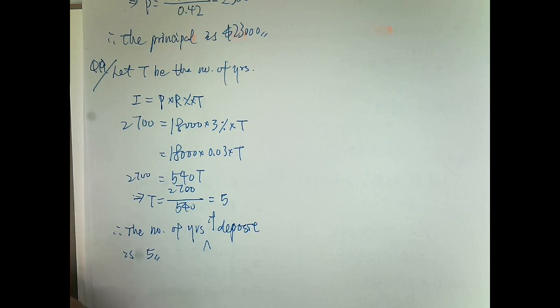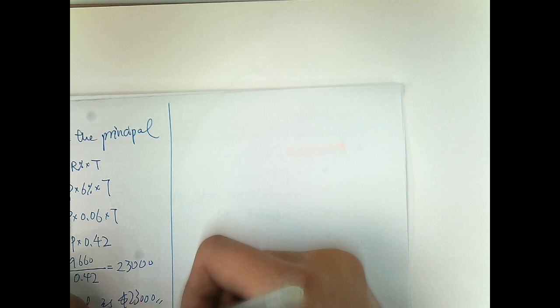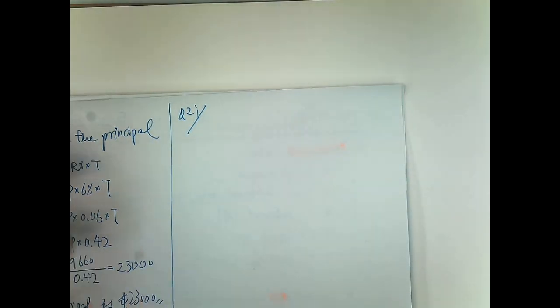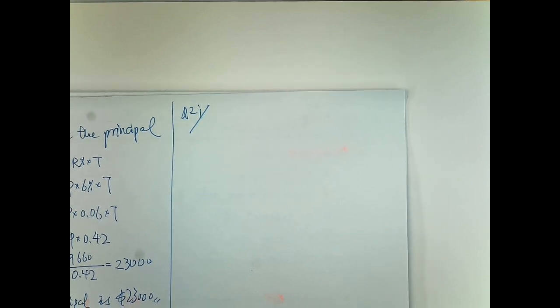I need to do 2 more questions. So question 21. So read the story. Roy deposited 8,000. This is P, okay? For 6 years, the 6 is T. And if he got the simple interest of 3,840, this is the I, understand?